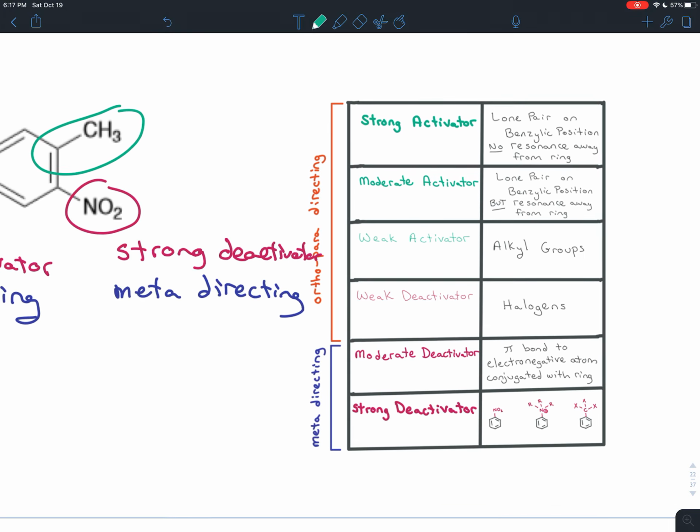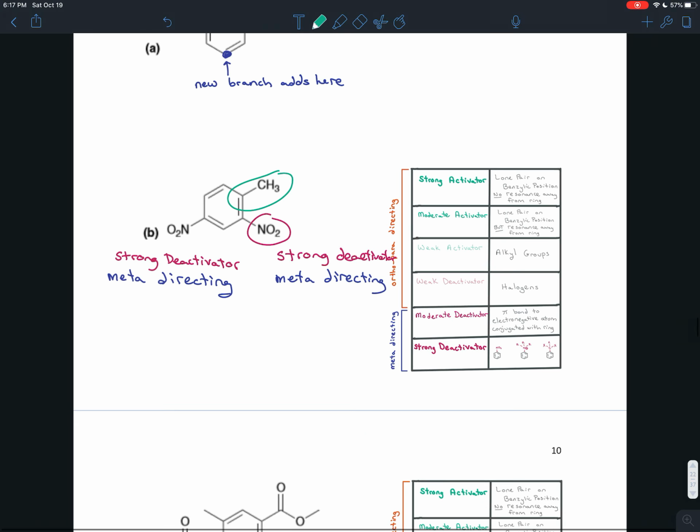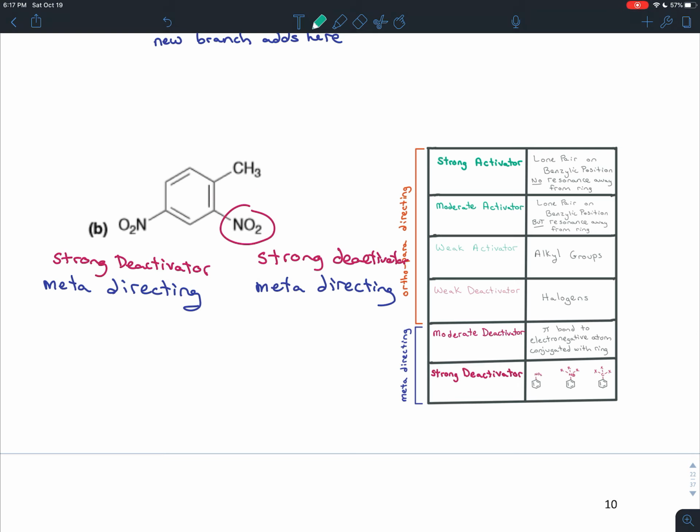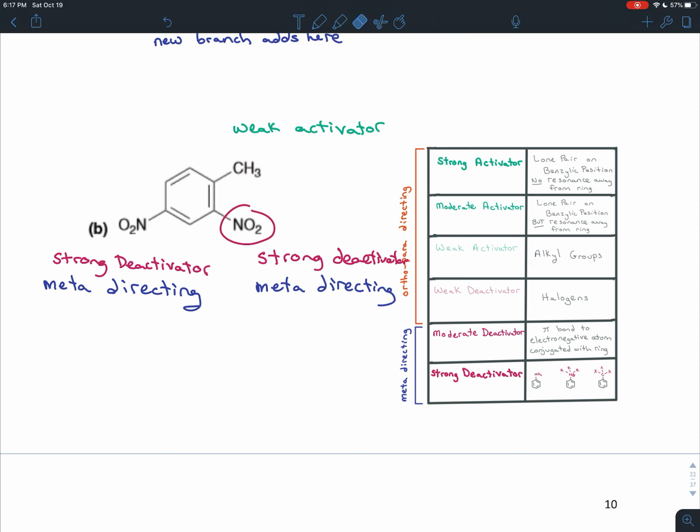Any hydrocarbon is an alkyl group, and so alkyl groups are weak activators. So this is a weak activator. And all activators are ortho-para directing. So that's going to be ortho-para directing.